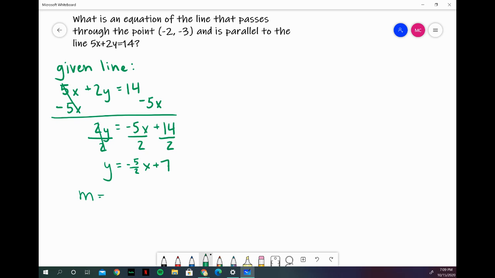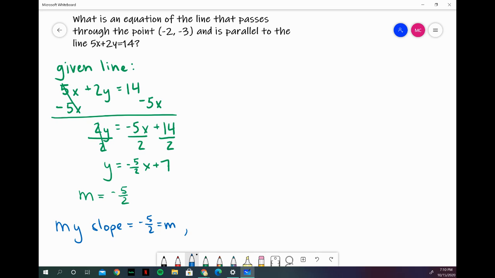And I need to figure out what the slope of my line is going to be. Well, I want a line that's parallel to this one, so my slope needs to be the same. So my slope is also going to be negative 5 over 2. And the point that I am given is the point -2, -3.